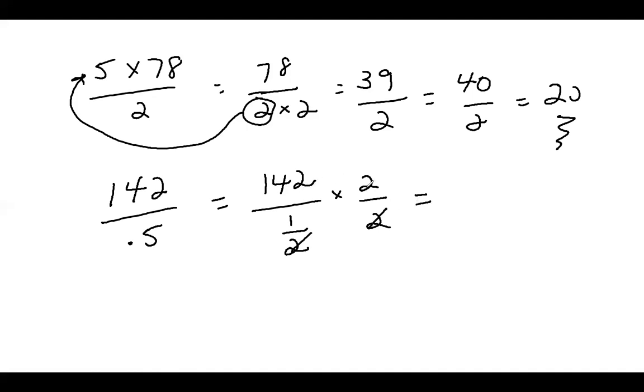So our answer is just 142 times 2. 2 times 2 is 4. 2 times 4 is 8. 2 times 1 is 2. So there's our answer, 284. For me, instead of doing a long division to figure out what this is, I just like this way better. I think it's a lot faster.